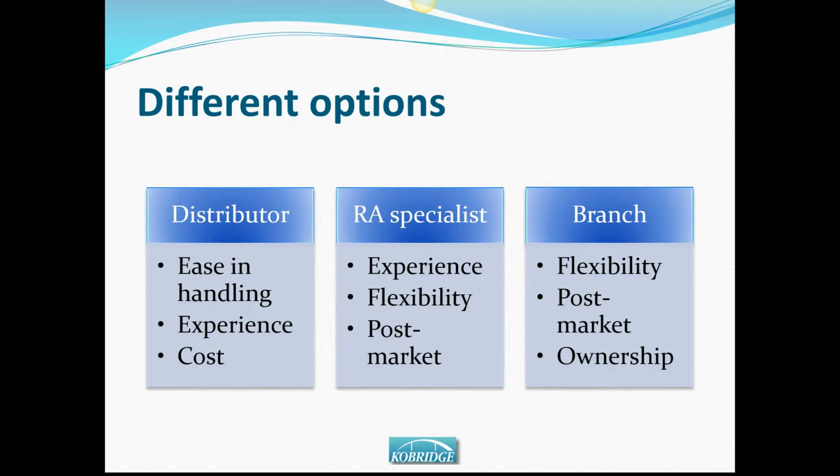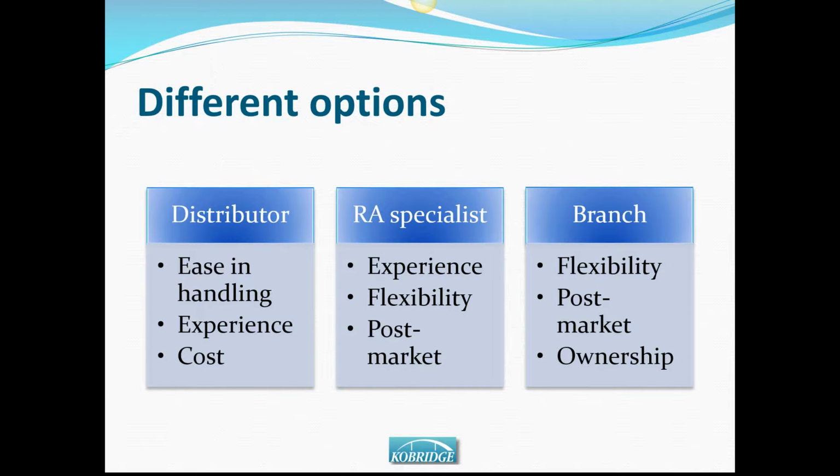Then the third option, having a branch in Korea, gives also some flexibility and also a better handle on the post-market if people in charge have experience in that field. And the most important is the ownership, because in this case it is the manufacturer, through its branch or subsidiary, that has complete ownership of the licenses.